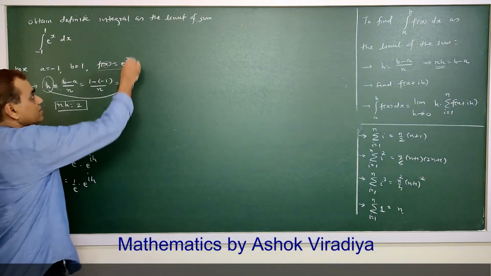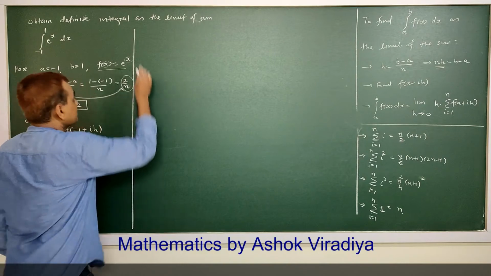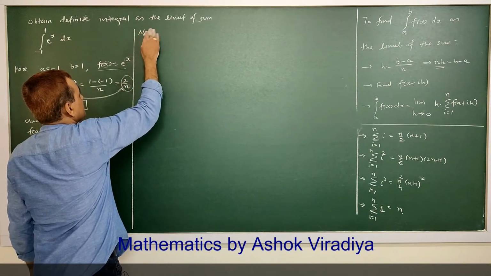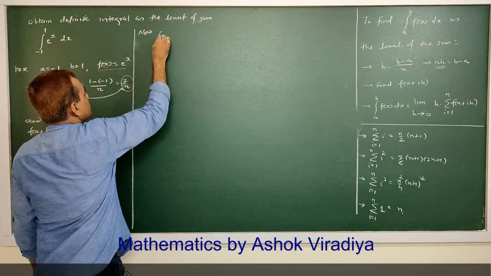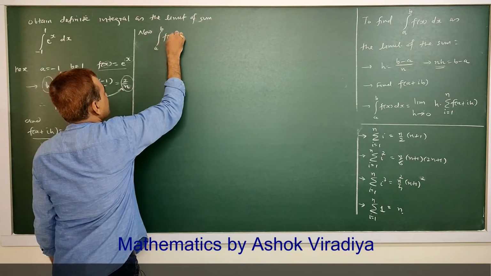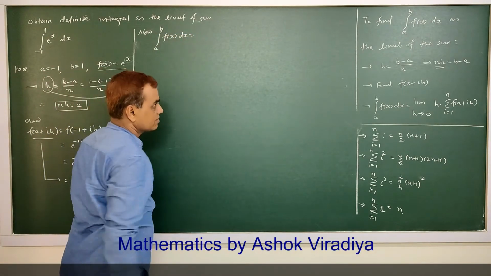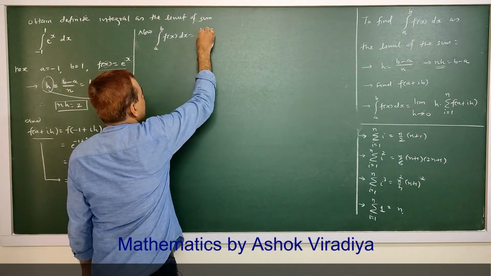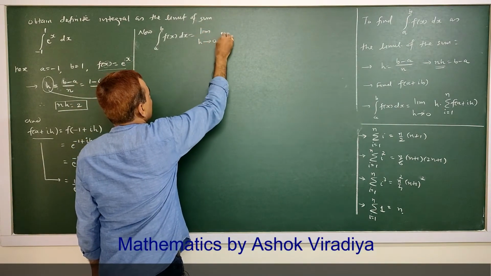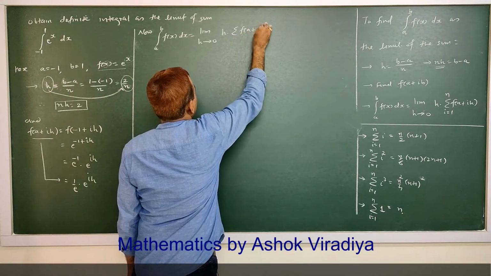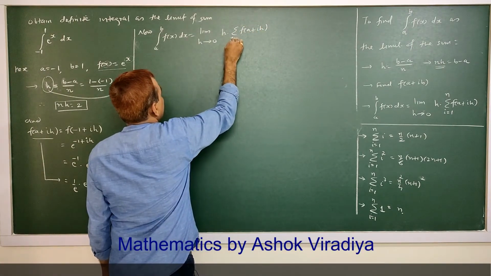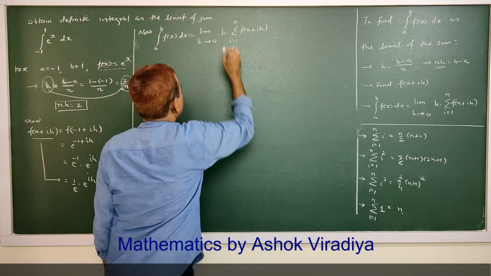Now the formula: integral from a to b of f(x) dx is limit h tends to 0, h into sigma f of a plus ih, i equal to 1 to n.